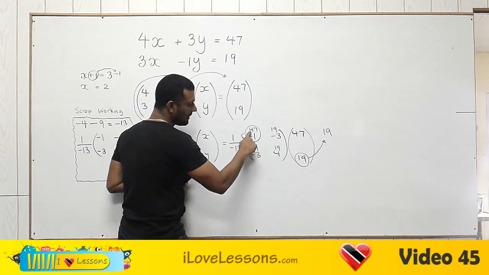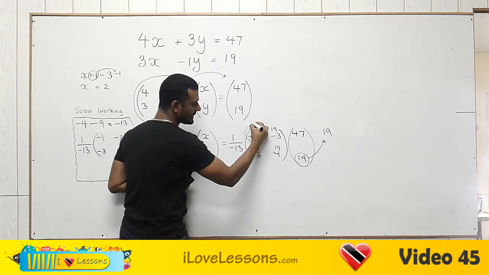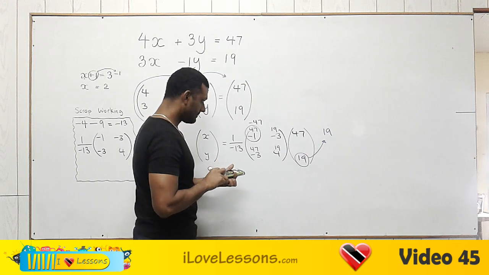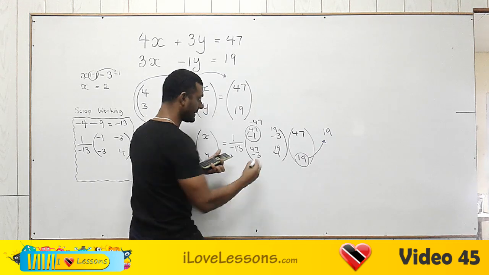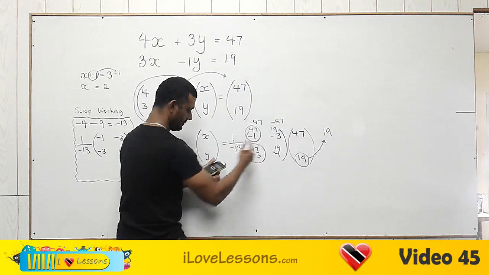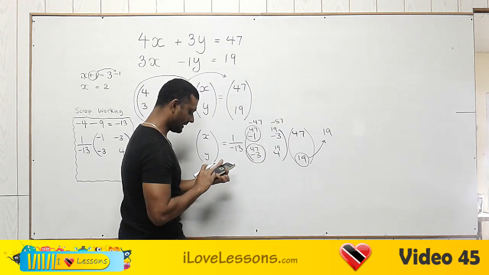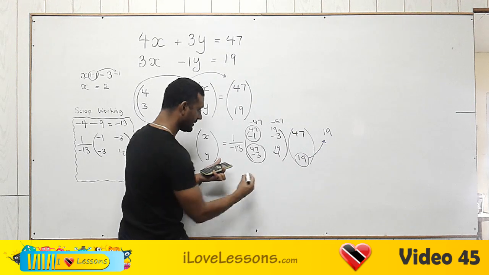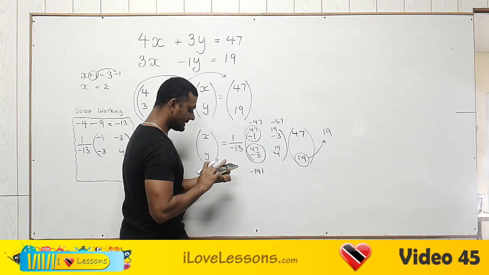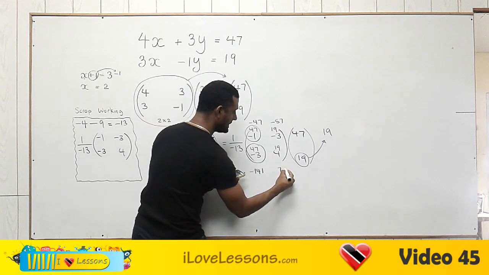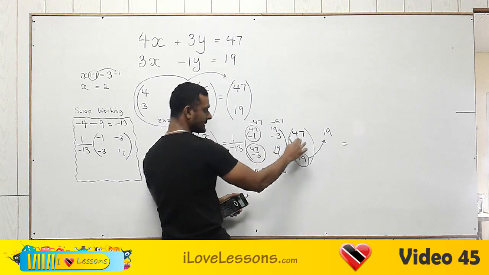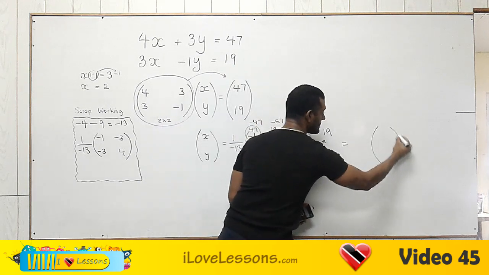Let's multiply these two. Let's clear some space here. Clear the clutter. 47 multiplied by minus 1 is minus 47. 19 multiplied by minus 3 is minus 57. 47 multiplied by negative 3 is minus 141. And 19 multiplied by 4 is 76. So, when we multiply this by this, we're going to get two answers.